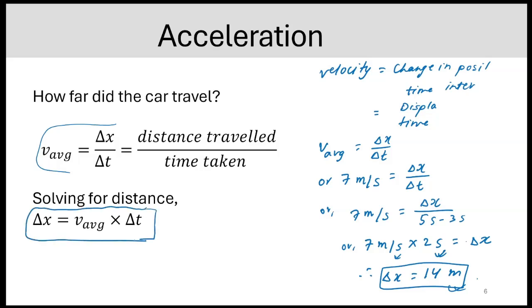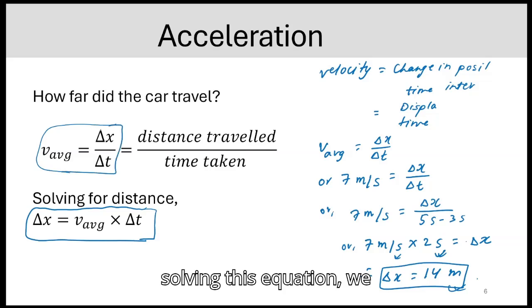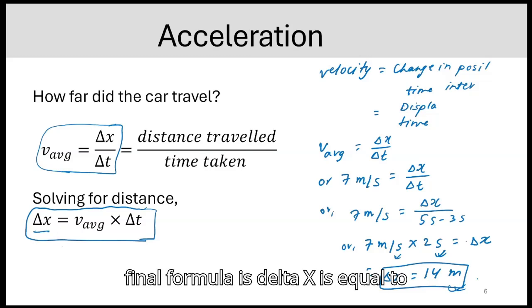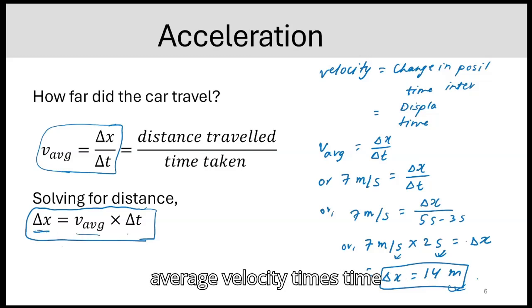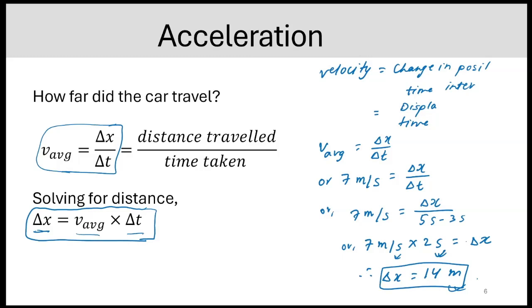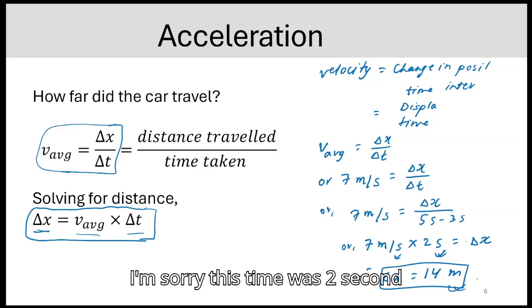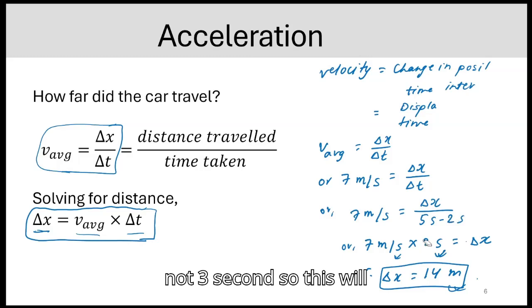Solving this equation, we isolated delta x, and the final formula is delta x is equals to average velocity times time interval. I'm sorry, this time was 2 seconds, not 3 seconds. So this will be times 3, and 7 times 3 is 21 meter.